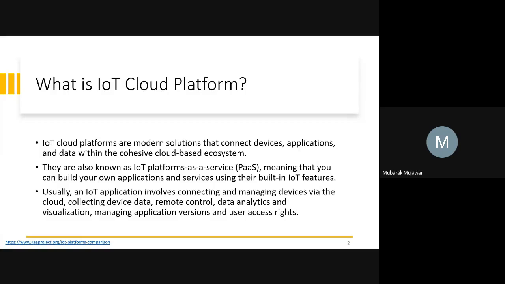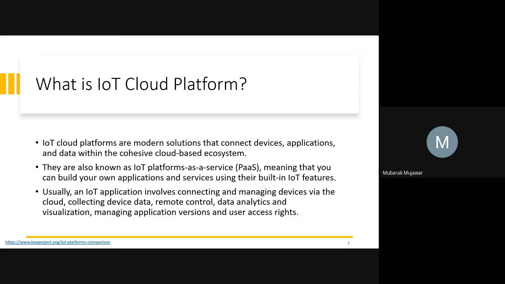And if there is any problem, we can mitigate that remotely. We can manage the applications as well, so that we can have different versions of applications, and we can control different user access rights. All that can be done using an IoT cloud platform.